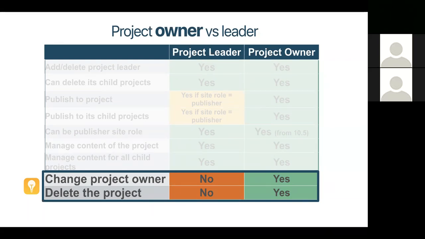Now, if you have a question, what is different between project leader, owner versus site admins? Well, the project leader or owner is pretty much the project admin. This user or this user group can do everything for the project, but a site admin can do the same for any projects in the site.